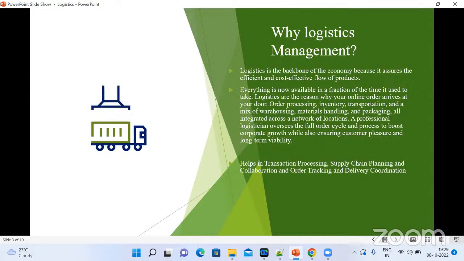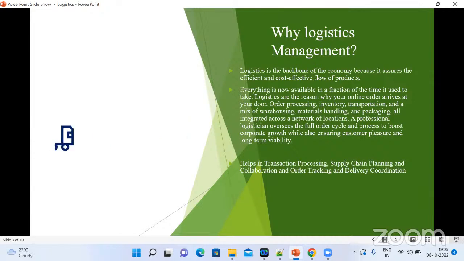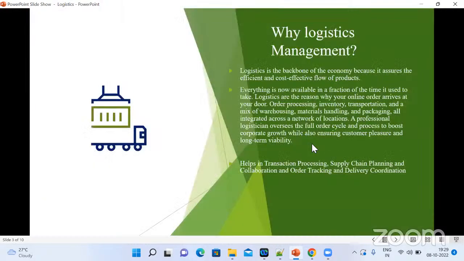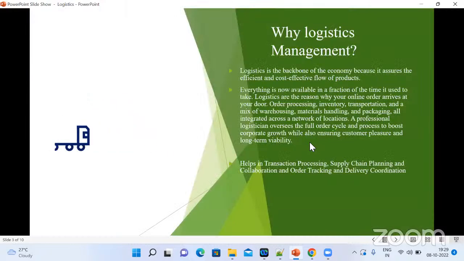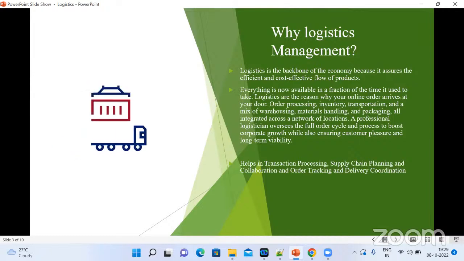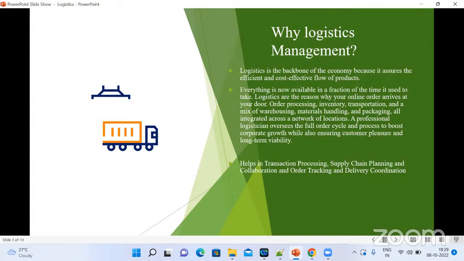It helps transaction processing and supply chain planning, collaboration with order tracking and delivery confirmation. Whenever we raise an order, we can see the status of that order, whether it is in transit or has come to the nearby warehouse. All of this comes under logistics management.